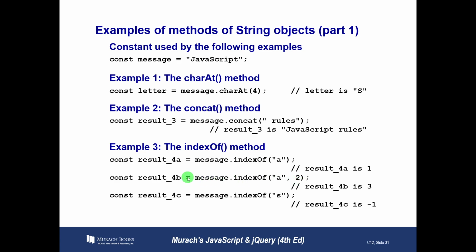In this case, we said index of a lowercase a, but don't start searching until character 2. So 0, 1, 2. It's going to start looking for an A here, and the first one it finds is the A after the V, 0, 1, 2, 3. So the result of this one says there's an A at position 3.